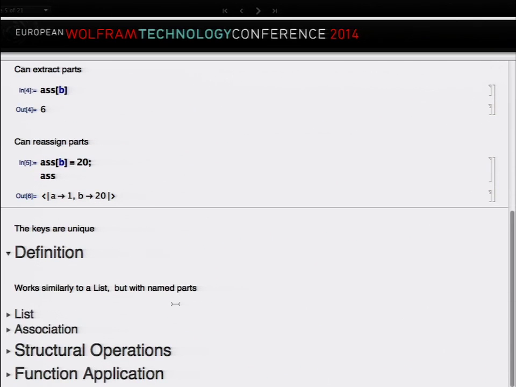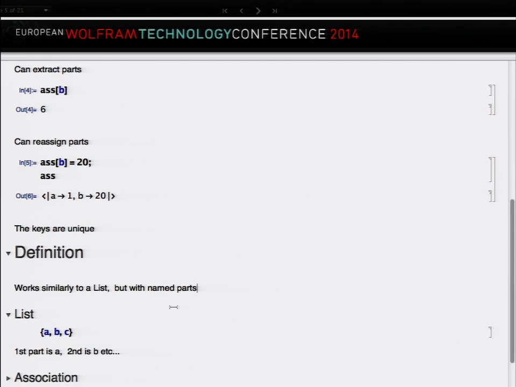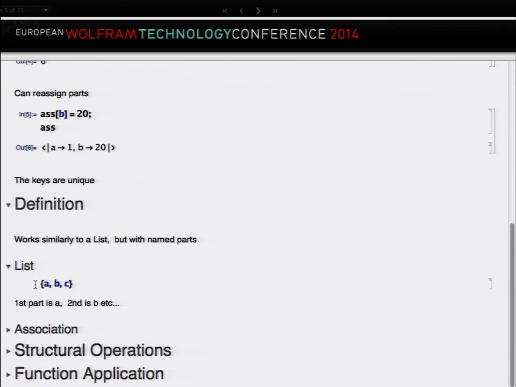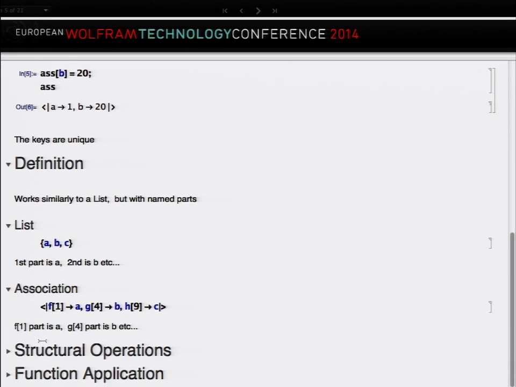Now, one way to think about it is it's a little bit like a Mathematica list, except the parts have names. So they don't just have numbers that go from 1 to the length, they're given names. So here's a list, and we would say the first part is A, the second part is B, and here is the association.